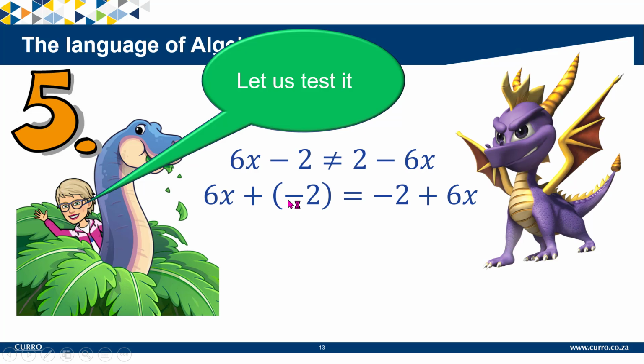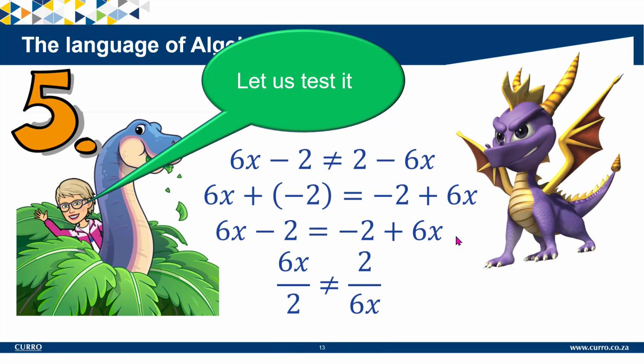It's very useful in algebra not to say 6x minus 2, but rather positive 6x negative 2. Then you know you can swap the negative 2 and the positive 6x. 6x minus 2 can therefore be written as negative 2 plus 6x, not as 2 minus 6x.